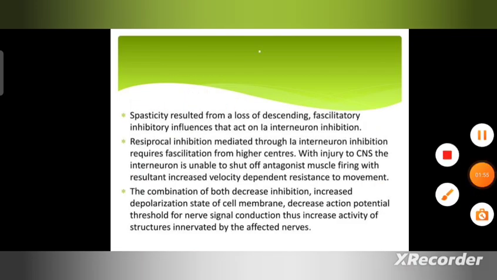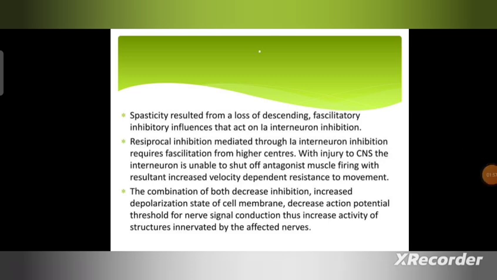So spasticity results from a loss of descending facilitatory inhibitory influence that acts on IA interneuron inhibition. Reciprocal inhibition mediated through IA interneuron inhibition requires facilitation from higher centers.